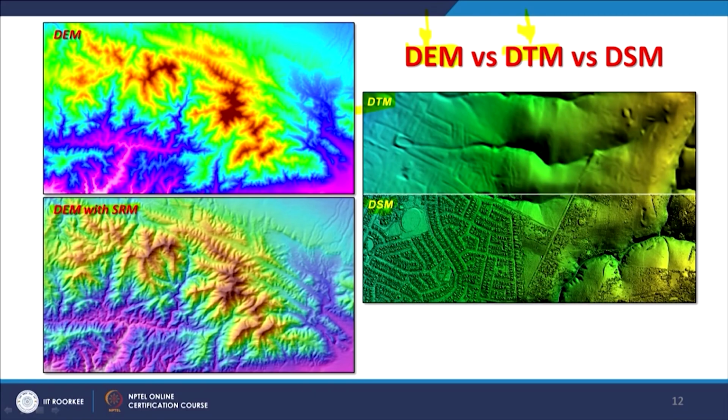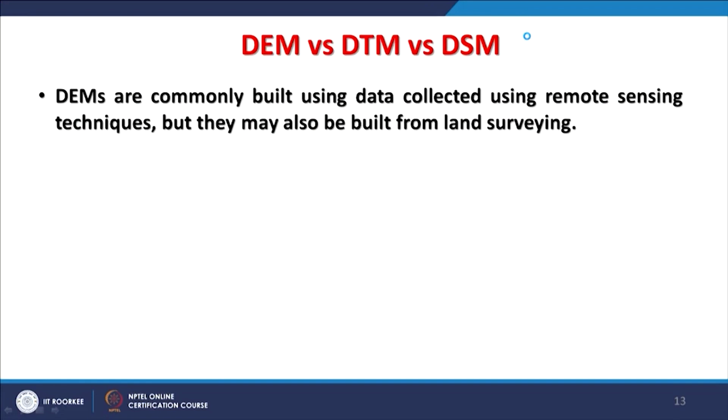And whenever we say DEM, it means that either it is an elevation value or the cell value can be any other value. So, DEM is a very generalized term compared to DTM, which is only related to elevation, and DSM includes all surface features which are present during the survey.